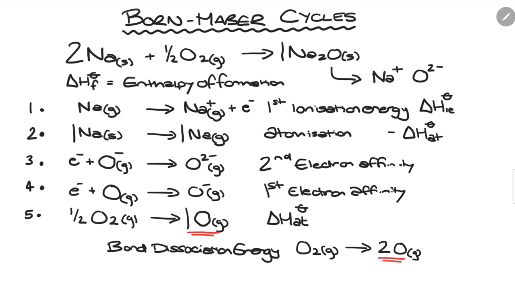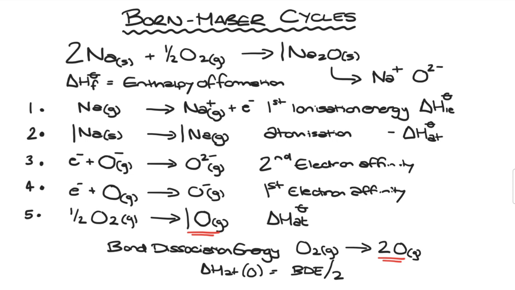So for example, if you're given the bond dissociation energy, whereby it creates 2 oxygen atoms and you only need to create 1, you need to half it. So in this example, the delta H AT for oxygen is equal to the bond dissociation energy divided by 2. And if that had a numerical value, you would obviously have to put that into your calculator as such.